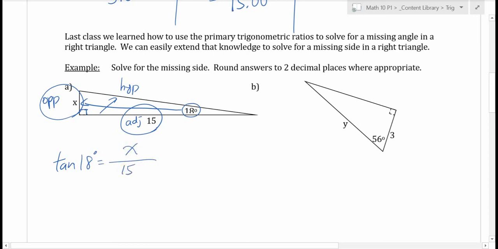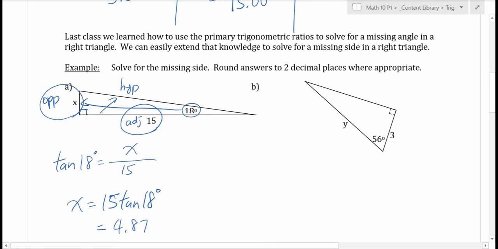To solve for x, you simply multiply both sides by 15. So x equals 15 times tangent 18 degrees. You put this into the calculator, and to two decimal places you get 4.87.